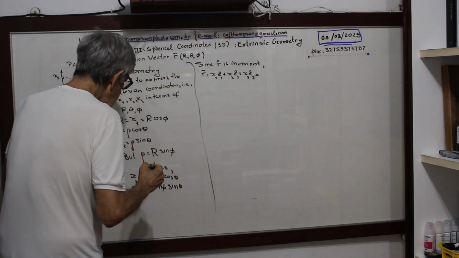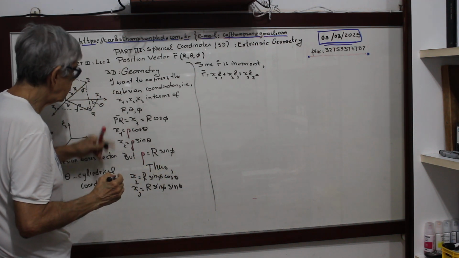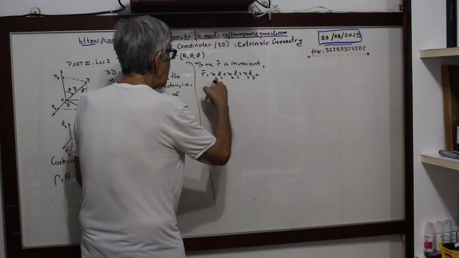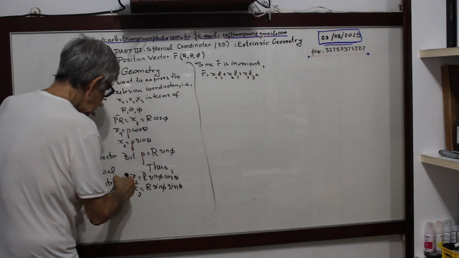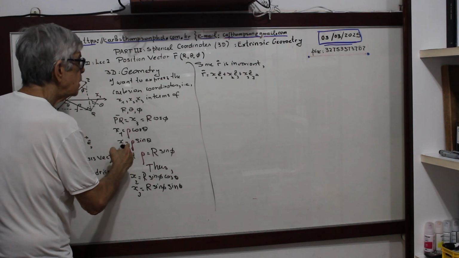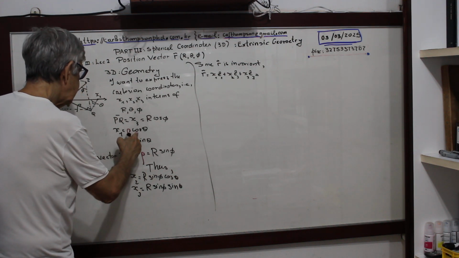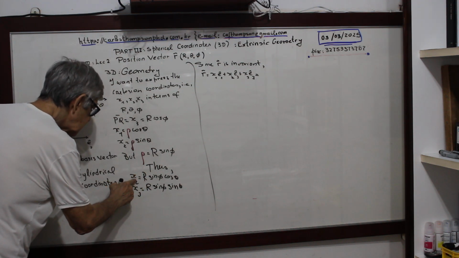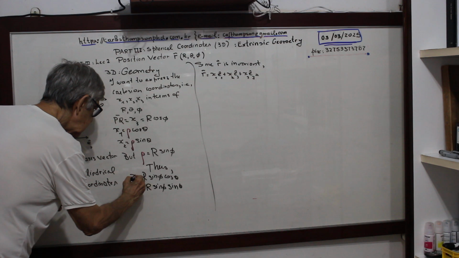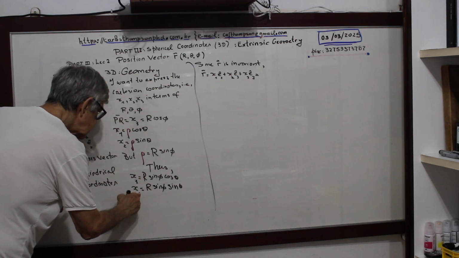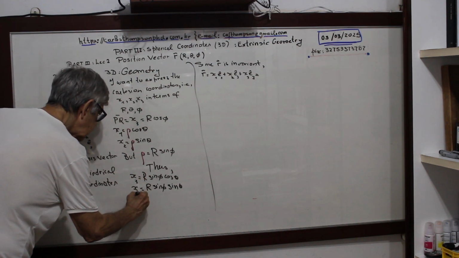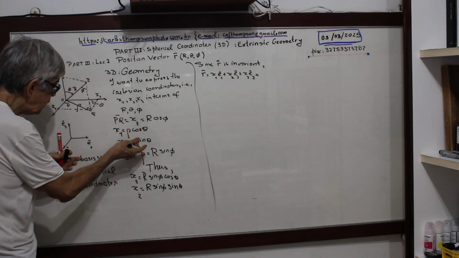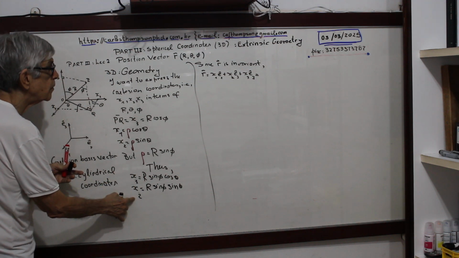Now, I substitute x1 and x2, and I copy from there, just substituting rho over here.